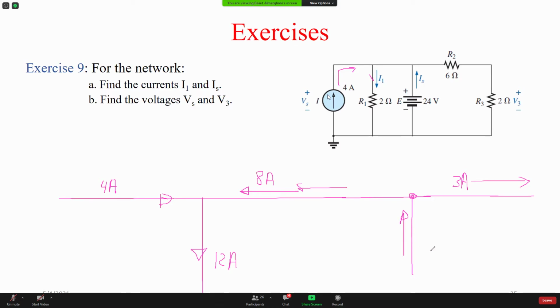How much should the coming current be? So this is IS. Is this okay? Like how to find IS?